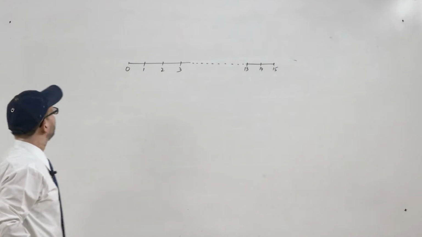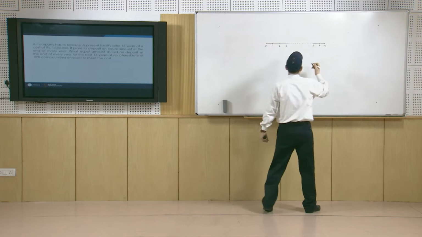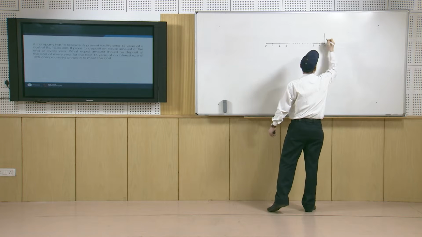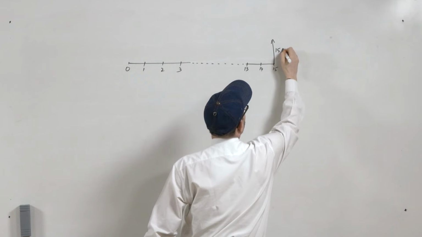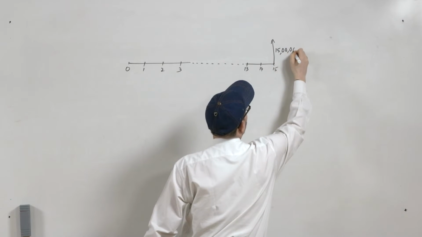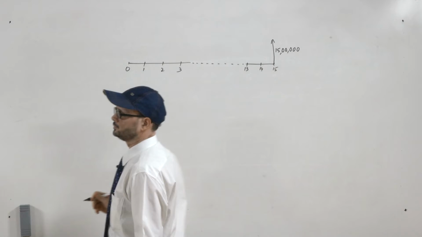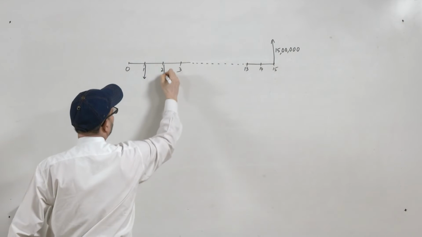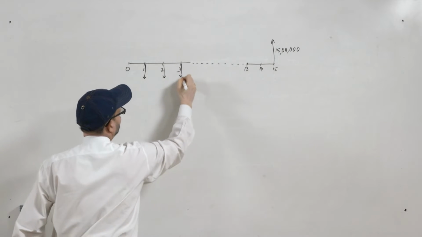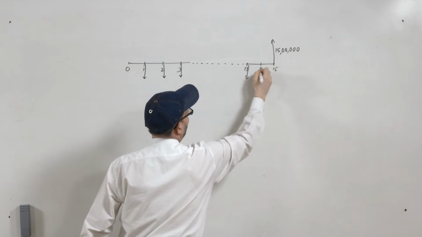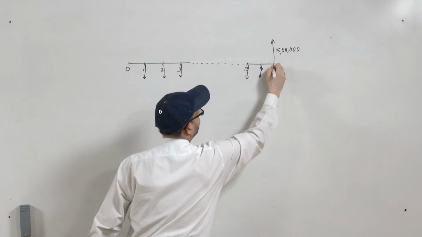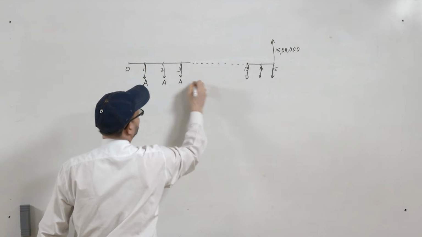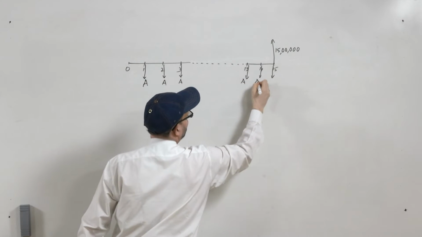At the end of 15 years, the company wishes to get 15 lakhs. Now, for that, what amount should this company deposit every year end? This A is to be found out.